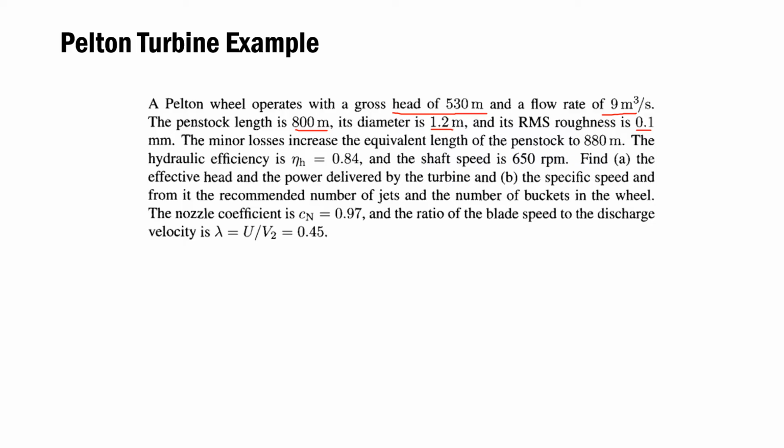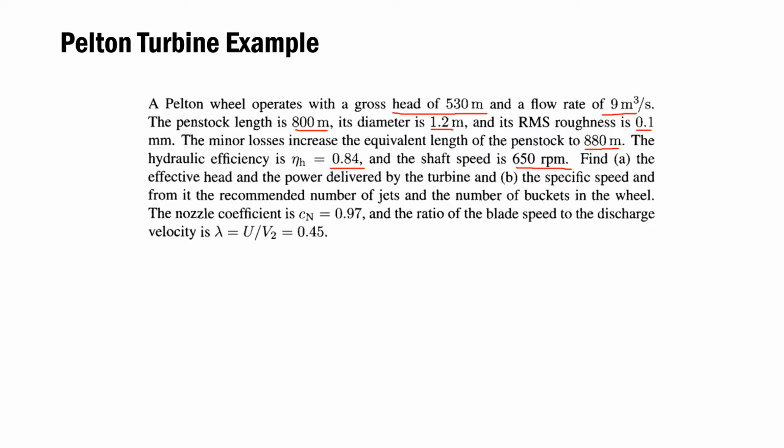Due to the roughness inside the penstock, the equivalent length of the penstock now becomes 880 meters, and the hydraulic efficiency is equal to 0.84 and the shaft speed is equal to 650 rpm, or revolutions per minute.